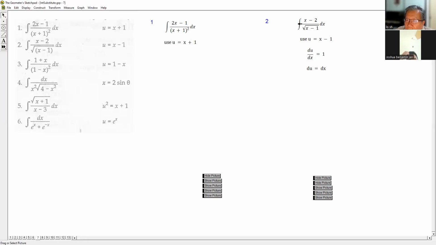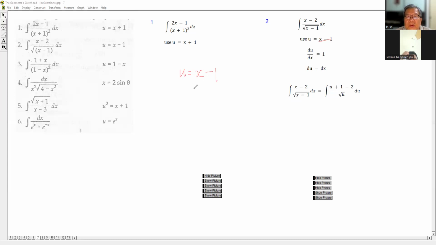So now we are going to change all this to u. How to change all this to u? Okay, x minus 2, square root of x minus 1. How to change this x to u? You look at here. So u equals x minus 1.